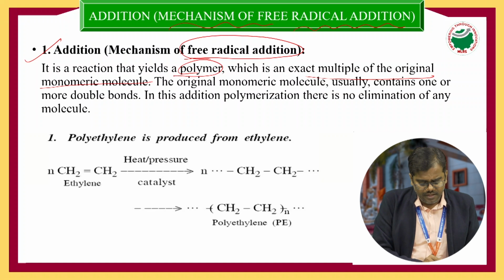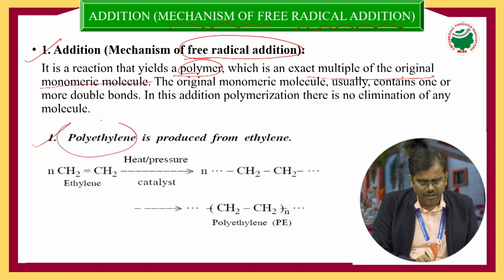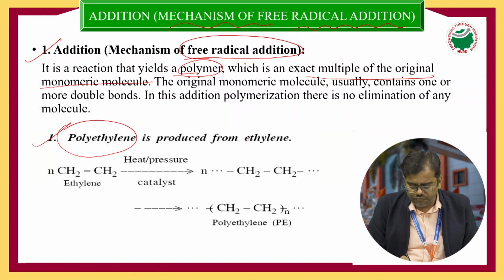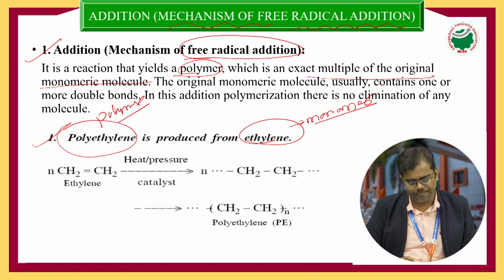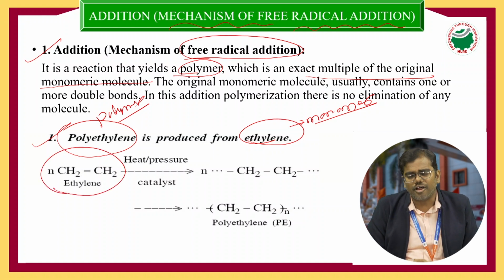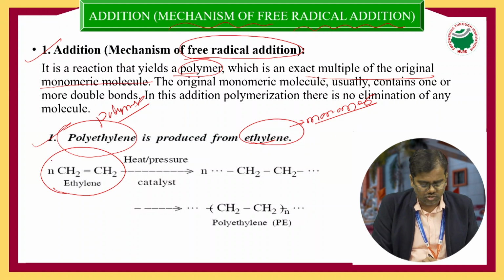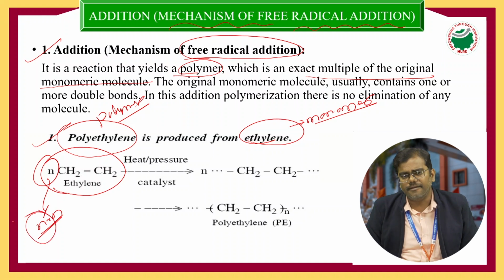The best example for this is polyethylene. Polyethylene is a polymer produced from ethylene, which is the monomer, and polyethylene is the polymer. This is the ethylene molecule, and we take n number of ethylene molecules, so the degree of polymerization is n, because we represent the degree of polymerization by n.